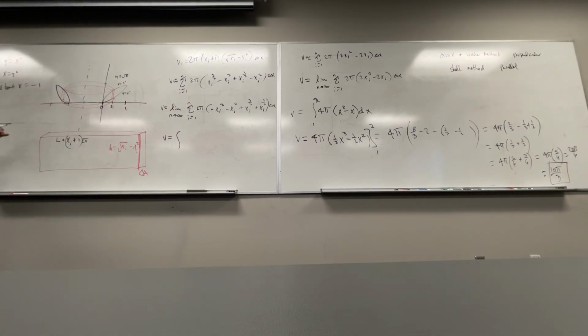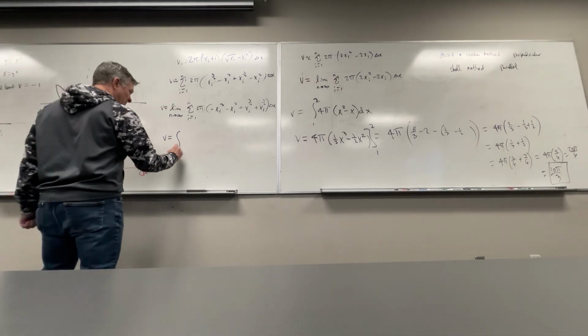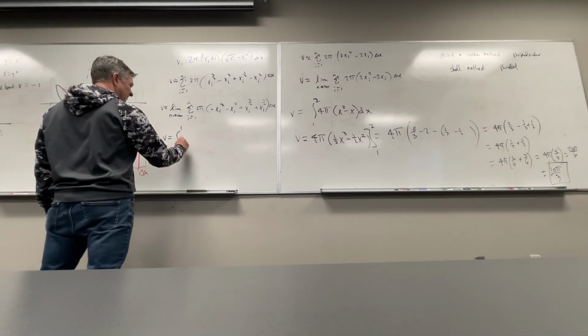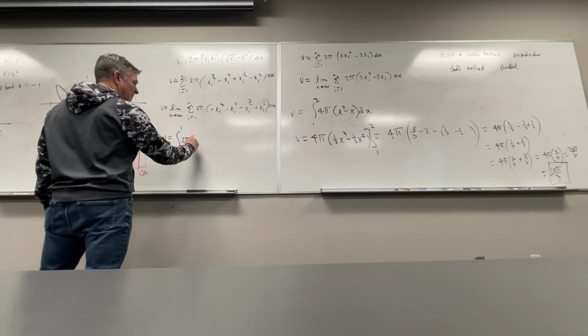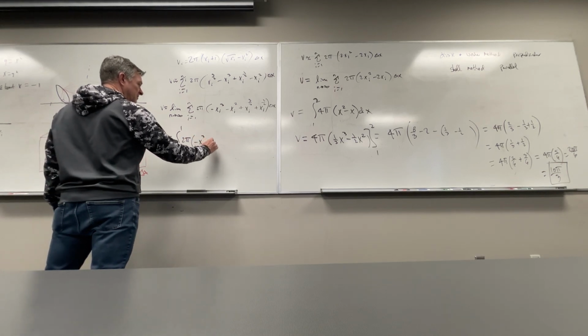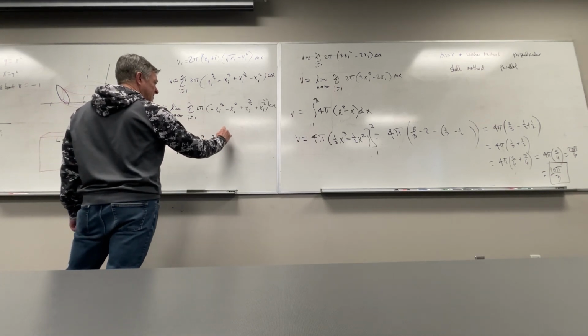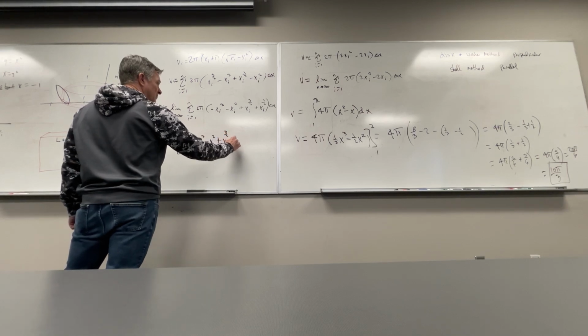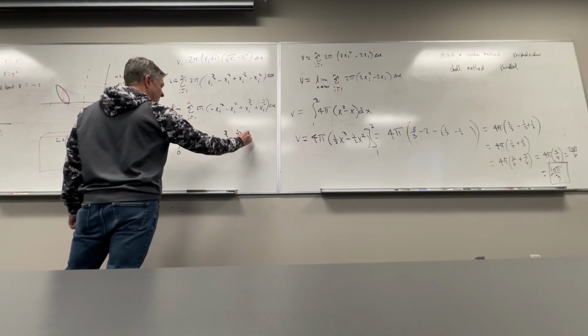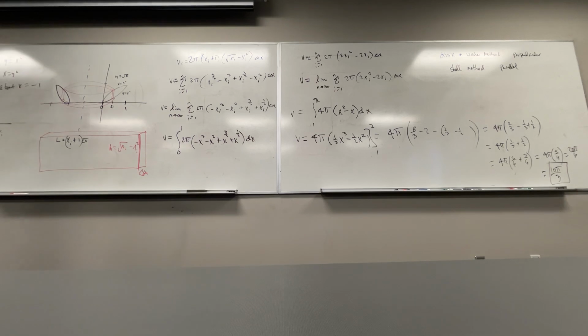So that's how they're going to kind of build on each other, like those Russian dolls that pop out of each other, right? Okay, so we've got 0 to 1. We've got 2 pi, minus x cubed minus x squared plus x to the 3/2 plus x to the 1/2, dx.